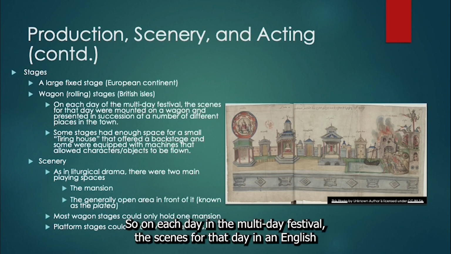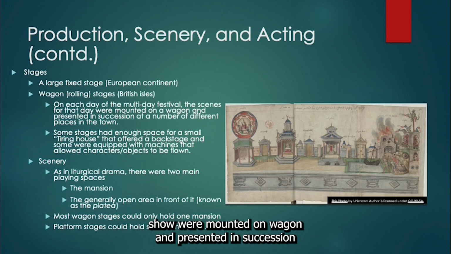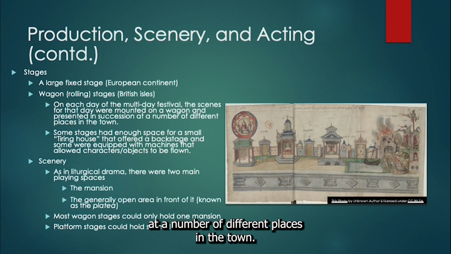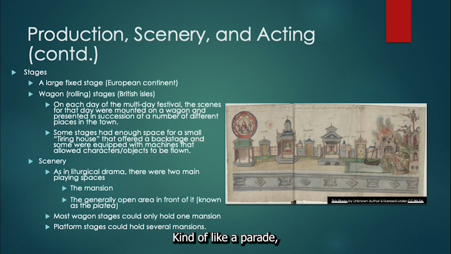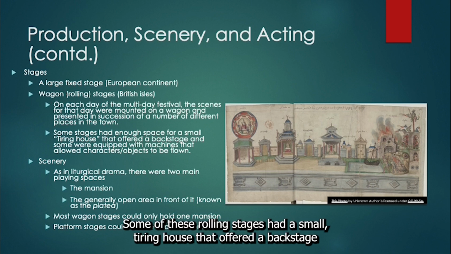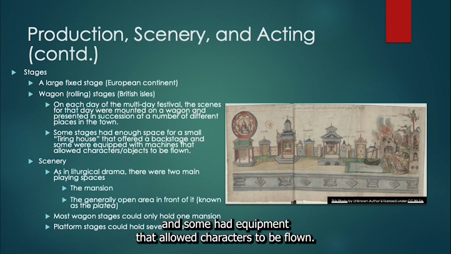So on each day of the multi-day festival, the scenes for that day in an English show were mounted on wagons and presented in succession at a number of different places in the town, kind of like a parade. The wagons would be paraded through town, and some of these rolling stages had a small tiring house that offered a backstage, and some had equipment that allowed characters to be flown.